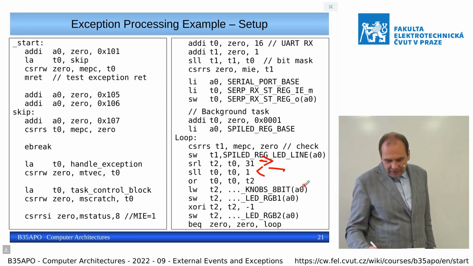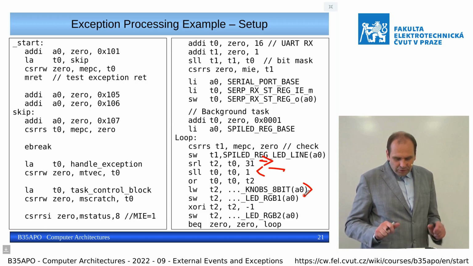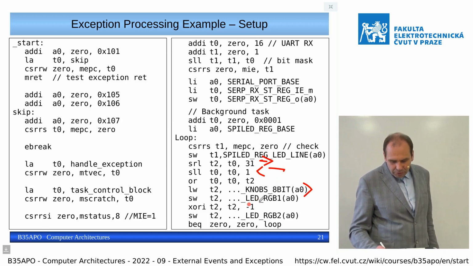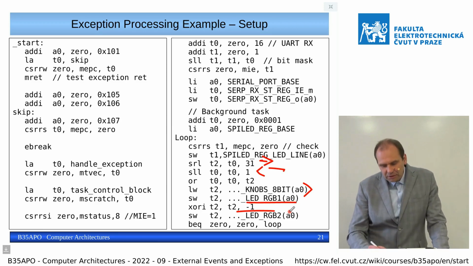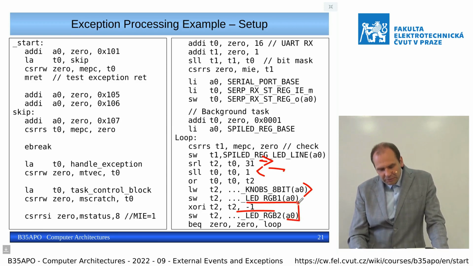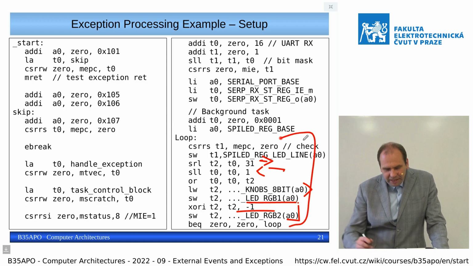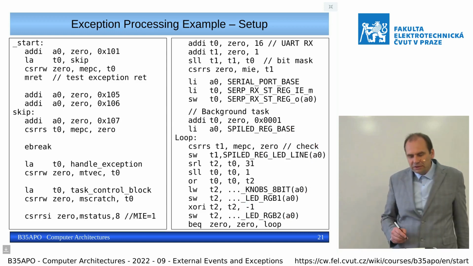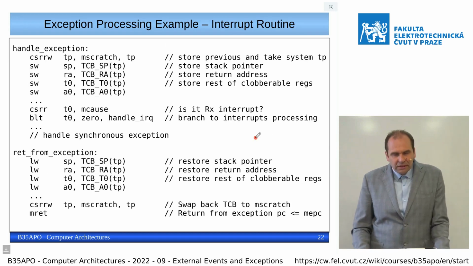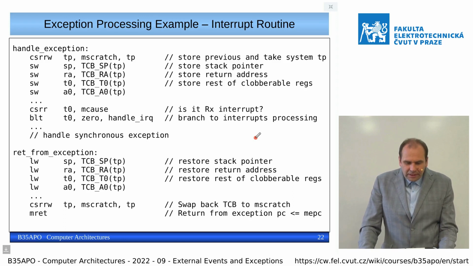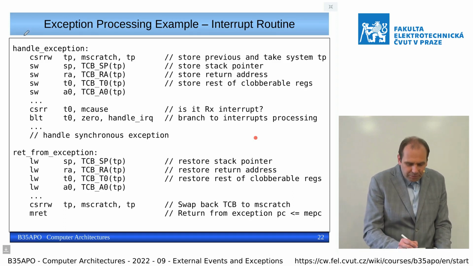Then we read the setting of the knobs, the RGB value, and store it into one LED. Then we negate it and store it to another RGB LED and continue. So it is background processing which doesn't know and doesn't care about the serial port. But at the moment when a character arrives at the serial port, then the exception is invoked.